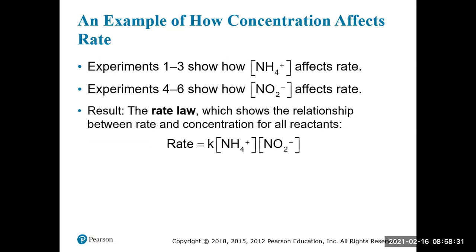If we were to write the rate law showing this relationship, we have that down here at the bottom. Rate equals the rate constant times the ammonium ion concentration, and it's implied that there's a 1 as the exponent on it. And then the nitrite concentration, and once again, we determined that was 1, so there's an implied 1 there for that reactant.